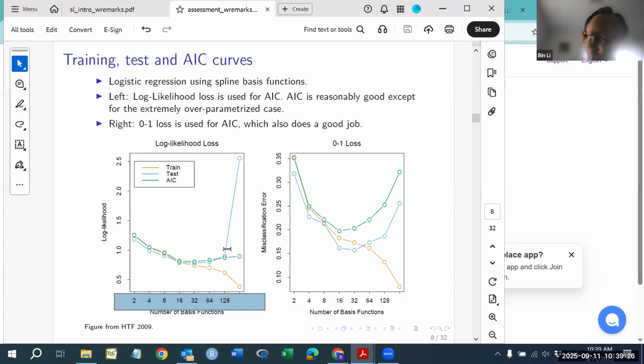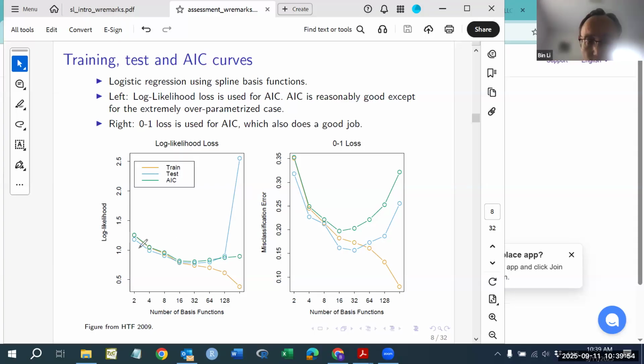So you can see here we have three curves. The orange one is the training error, which is monotonically decreasing, right?